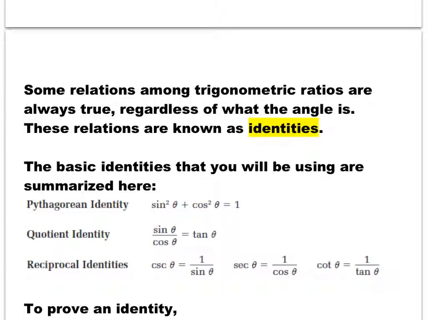The next one is the reciprocal identity, which defines the cosecant, secant, and cotangent of an angle. So these last two you already knew before, but we are using them as identities here. But the first one is the one which is new to you. Sine squared plus cos squared is always 1.